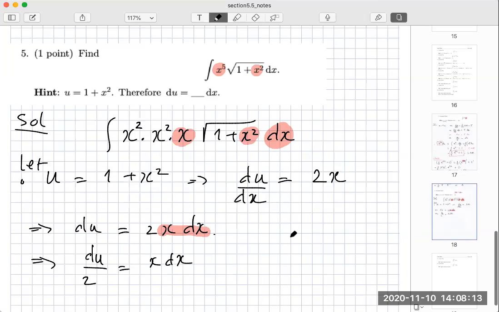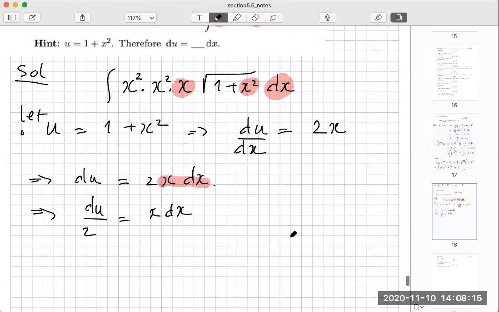Then, what should we do? Here we have x squared. But our definition is x squared plus 1. What should we do now? u plus 1. Close, but remember the sign.